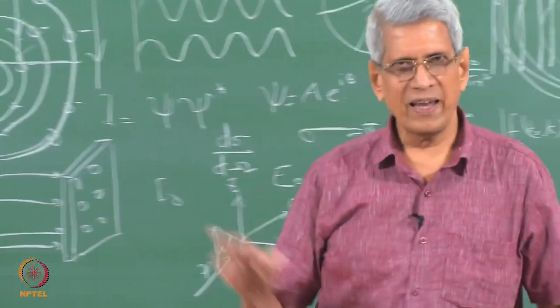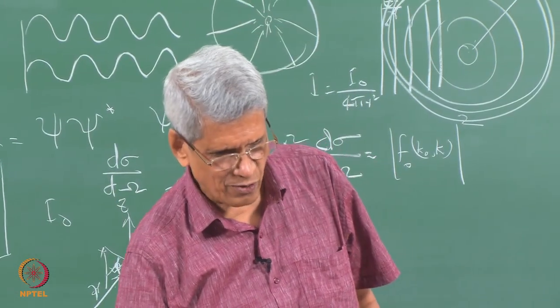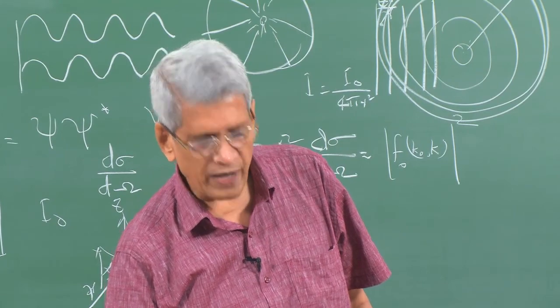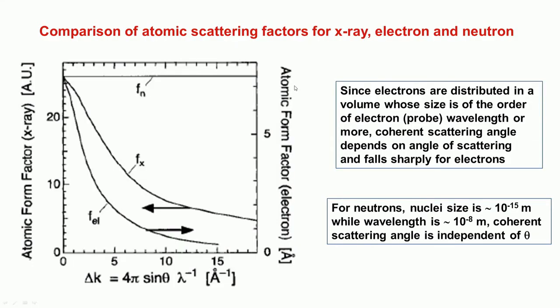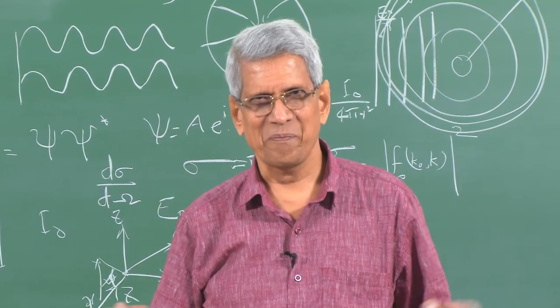If that value turns out to be very small irrespective of that angle, then what is going to happen is that this value of Fn will remain a constant. This is one of the advantages in neutron diffraction: the intensity over the angle of scattering remains almost the same.